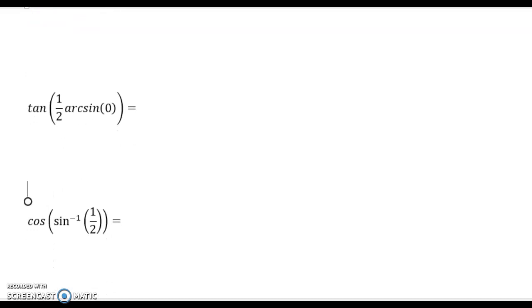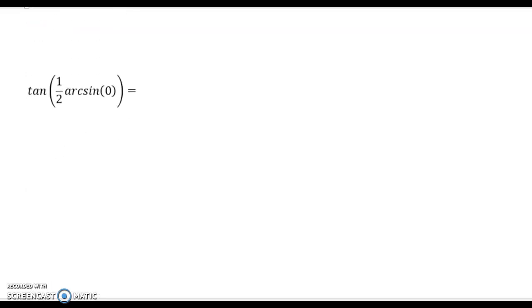The tangent of 1/2 arc sine 0. So let's do this first. What angle has a sine value of 0 on the preferred or the principal value? That would be 0. 1/2 times 0 is 0.